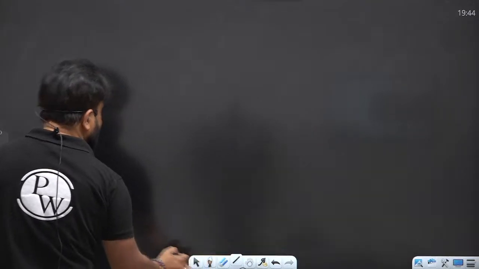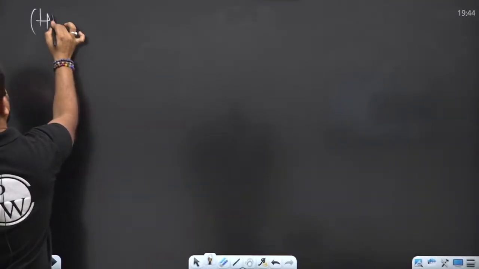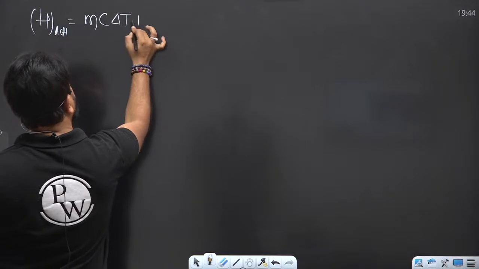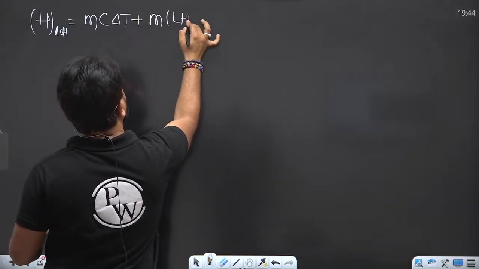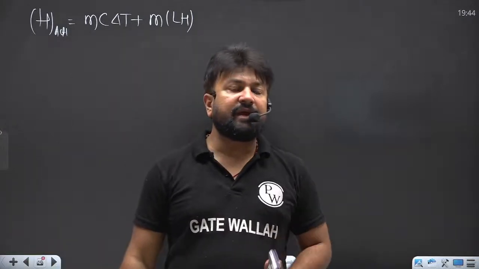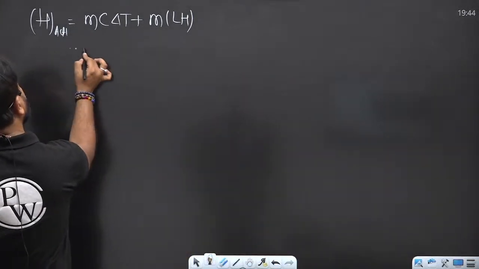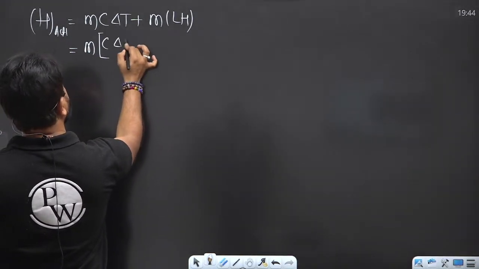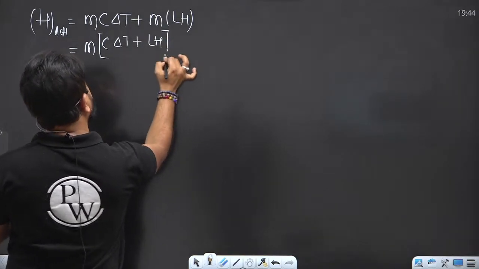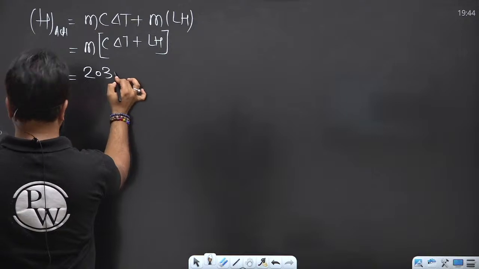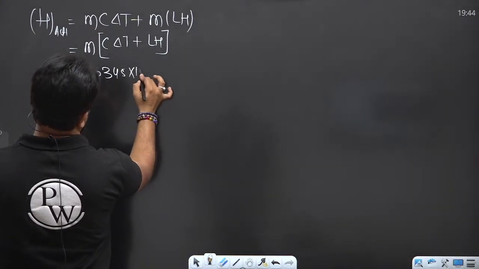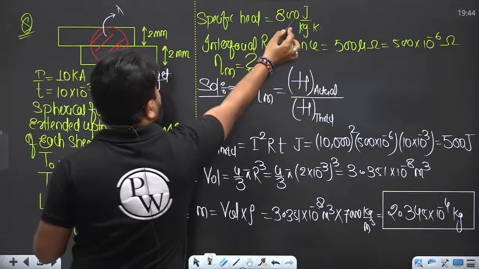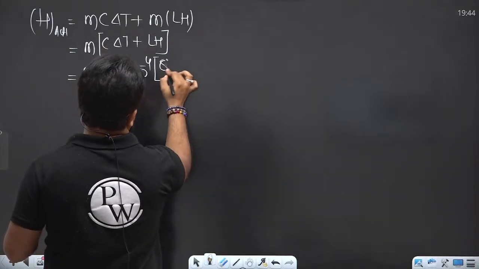Now you can find out the actual heat. What is that? M delta T plus M into latent heat, right? So here mass is common, so M bracket C delta T plus latent heat. Mass is 0.45 into 10 to the power minus 4. C specific is 800 joule per kg Kelvin, right?